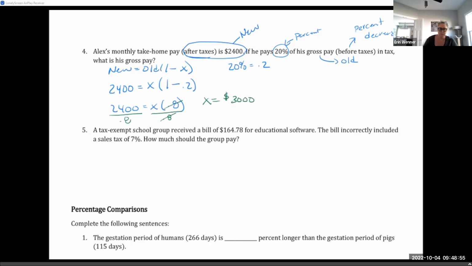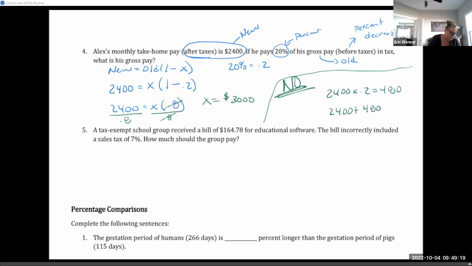So I can't tell you the number of times I have students say, okay, this is a big no. This is why this doesn't work. If I take 2,400 and I multiply it by 0.2, I get $480, and 2,400 plus $480 is 2,880.